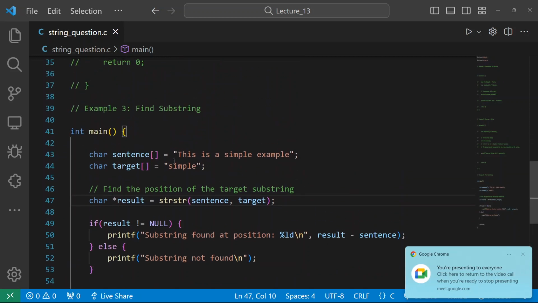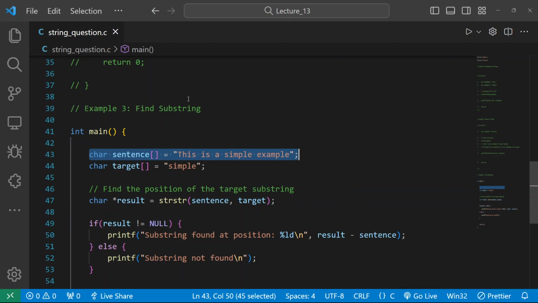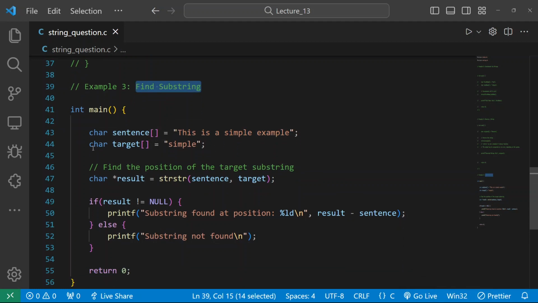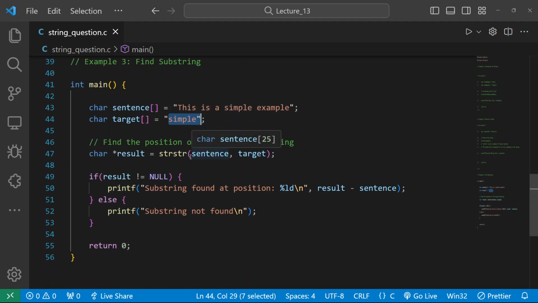So see here. We have taken the first sentence as "this is a simple sentence", and we have to find a substring from it. So I have made a target. I need to find the word simple from it. Basically, it starts with the S word. There is one simple function in C in your string.h, that is strstr.